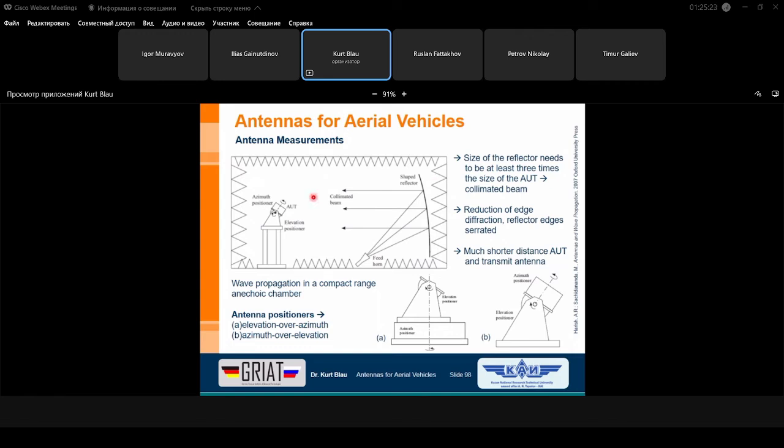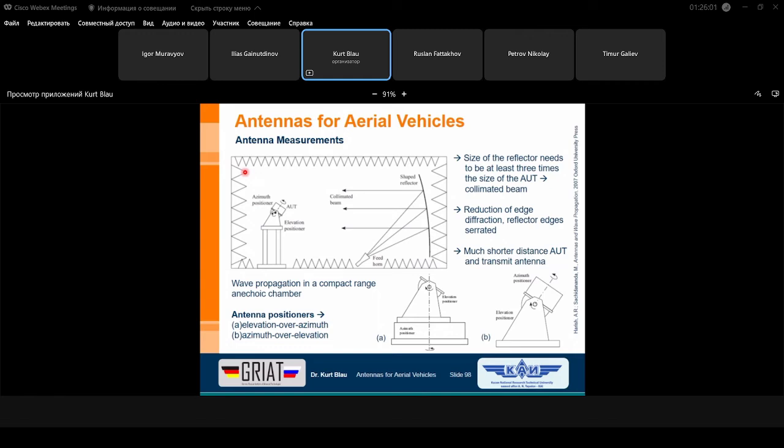This is our collimated beam from the shaped reflector. Without these absorbing elements, we would have strong reflections directly from the backside of our antenna test. And to avoid this, we have on this wall these large absorbing pyramids.